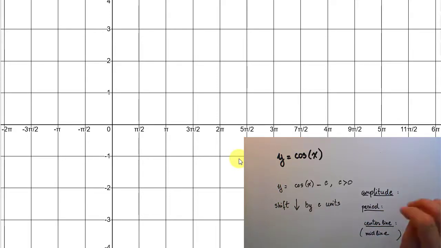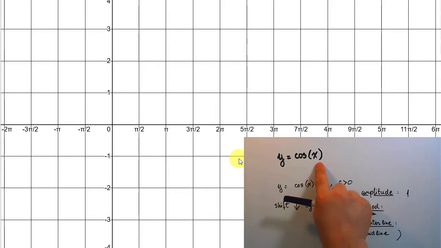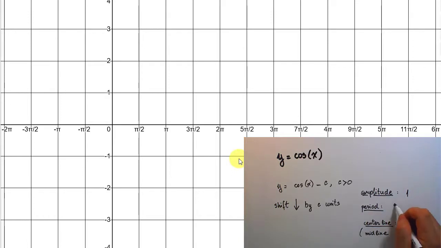And of course, the amplitude of the cosine wave remains the same, 1, just like the original standard cosine. The period, once again, remains the same, being 2 pi. However, the center line is brought down to y equals -c.